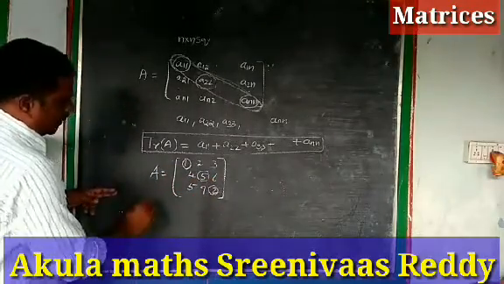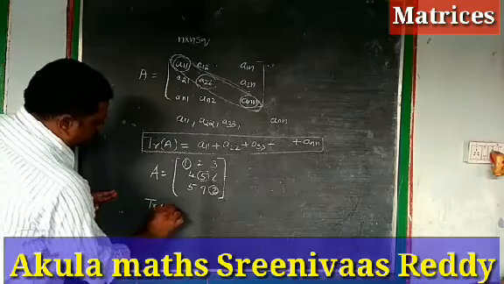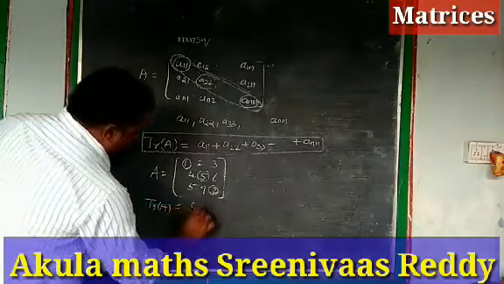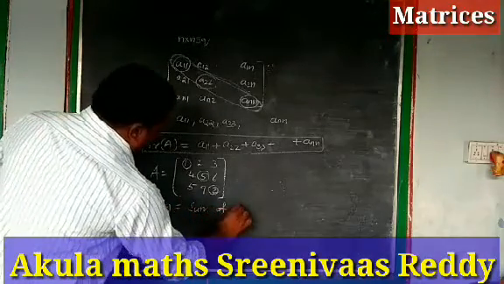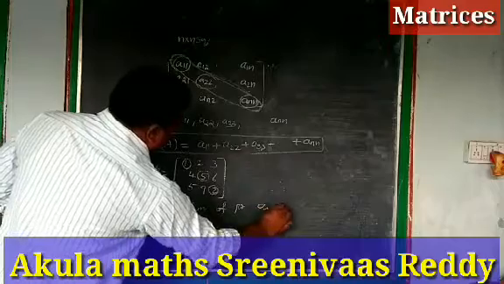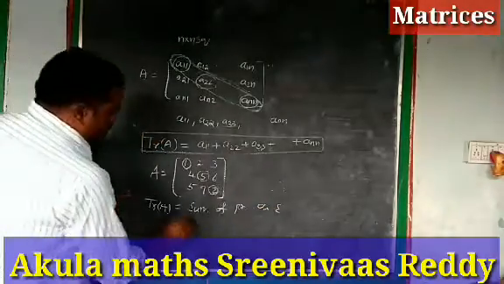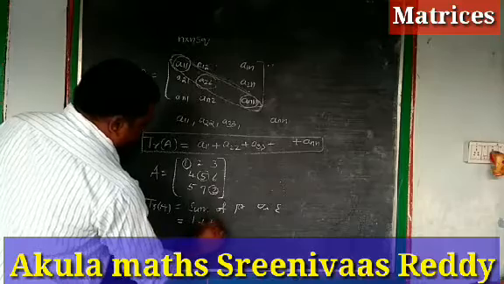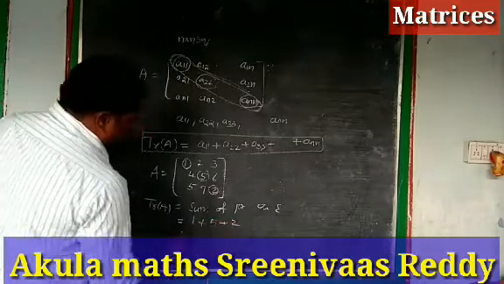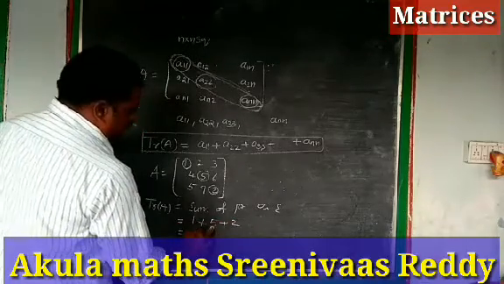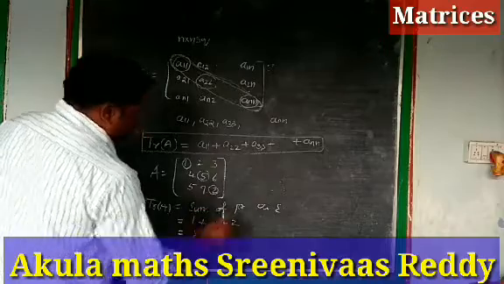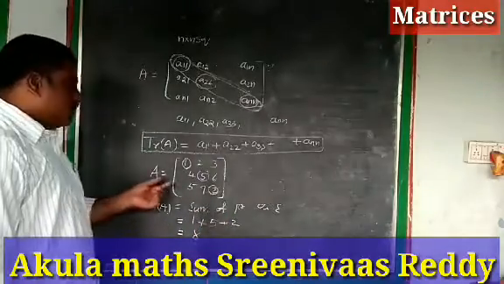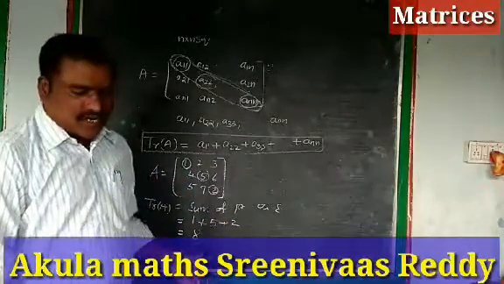So, trace of A is equal to the sum of the principal diagonal elements, which is 1 plus 5 plus 2. That means 1 plus 5 is 6, 6 plus 2 is 8. So, the trace of the given matrix A is equal to 8.